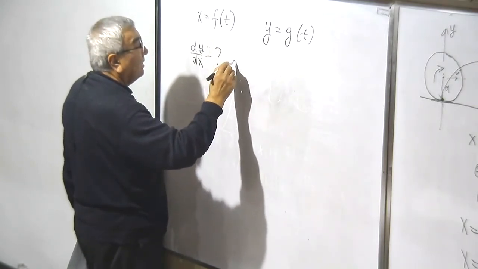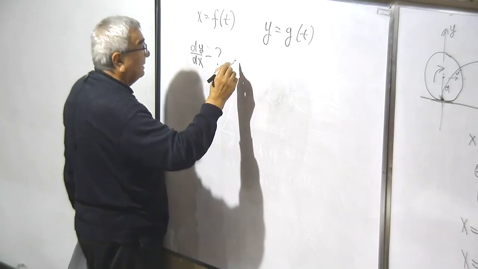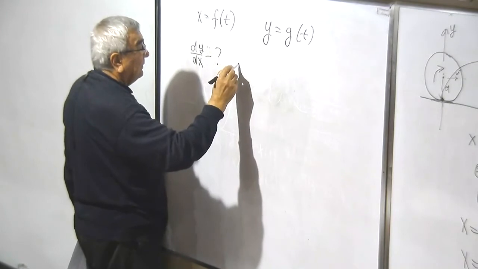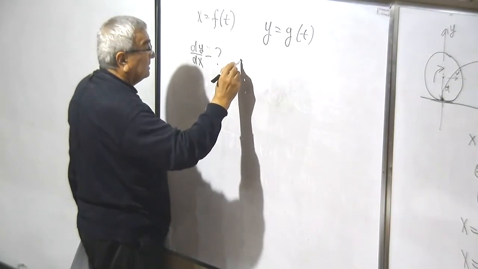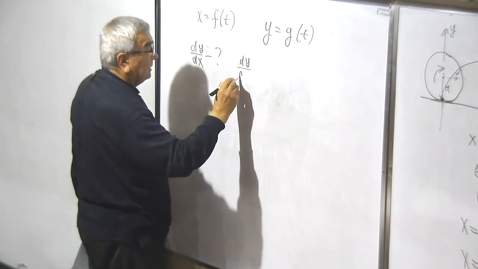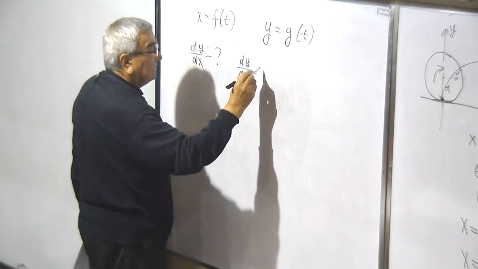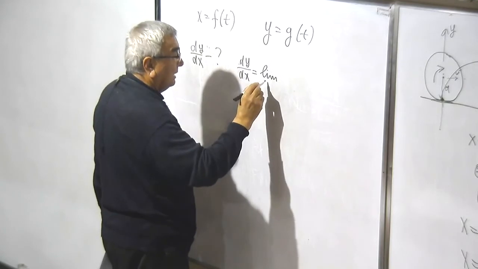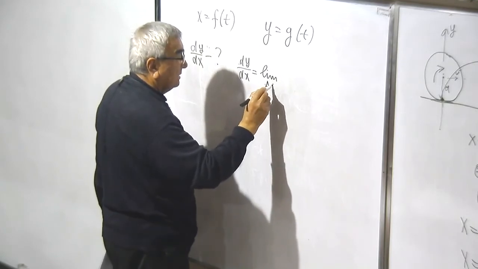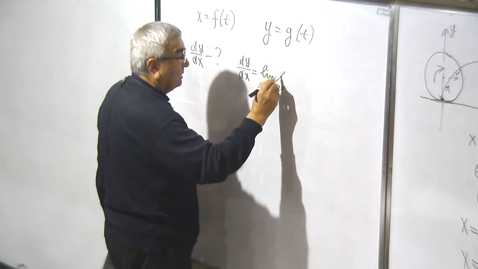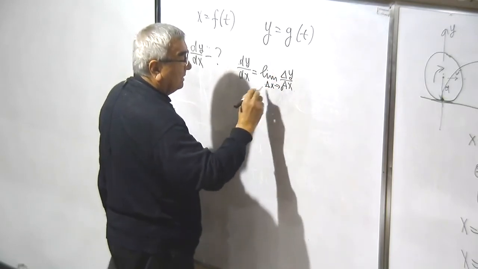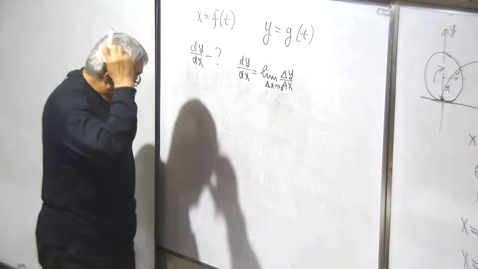Let us now find what will be the definition of the limit. That means dy/dx should be equal to the limit when delta x goes to 0 of delta y over delta x. This is the definition of derivative.